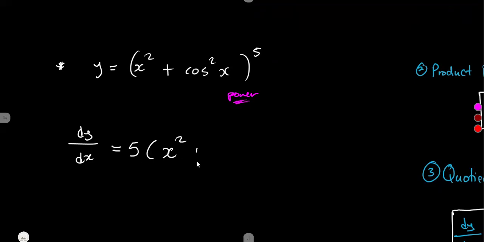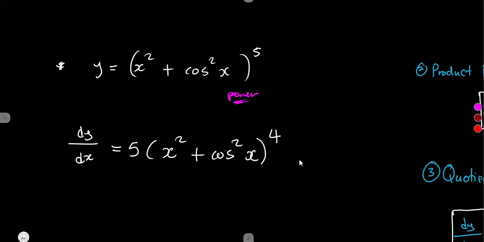This is x squared plus cos squared of x as it is, just like that sign that we had as it is. But we have to subtract 1 on our exponent. So that's 5 minus 1, which is 4. We differentiated looking into the power, the exponent.